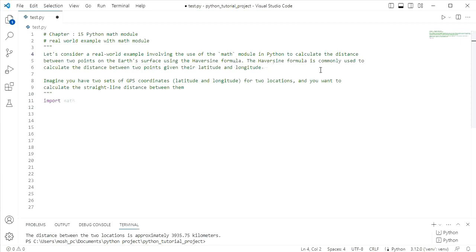The Haversine formula is commonly used to calculate the distance between 2 points given their latitude and longitude. Imagine you have two sets of GPS coordinates, latitude and longitude, for two locations, and you want to calculate the straight line distance between them.